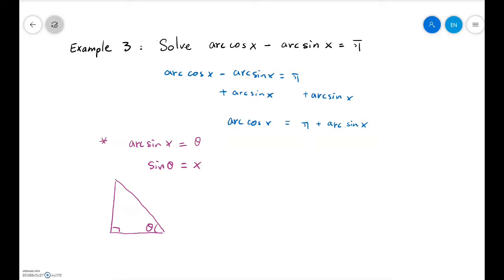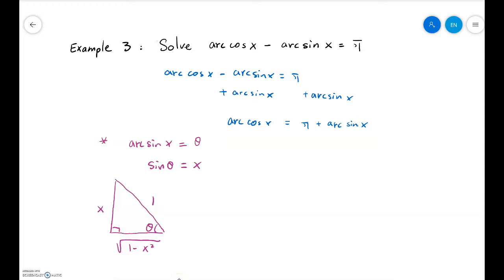Sine of theta equals x, or x over 1, tells me the measures of two of the sides, and the third I can find using the Pythagorean theorem. So in this right triangle, the hypotenuse equals 1, one leg equals x, and the other leg is the square root of 1 minus x squared.